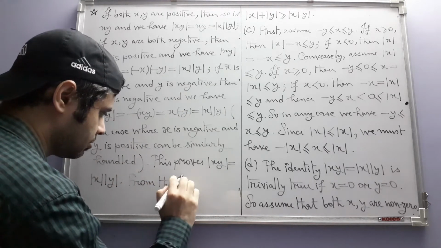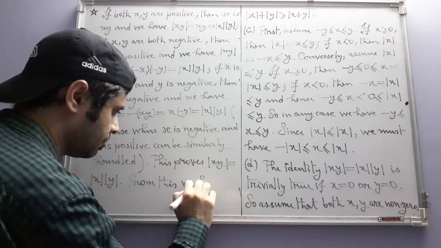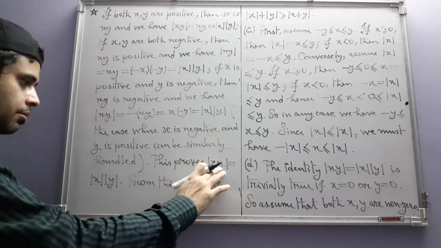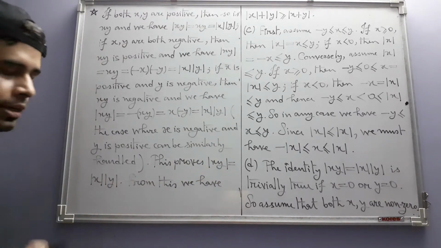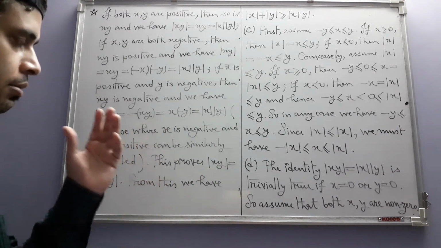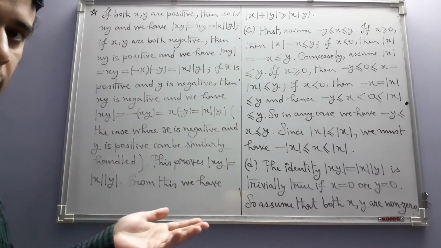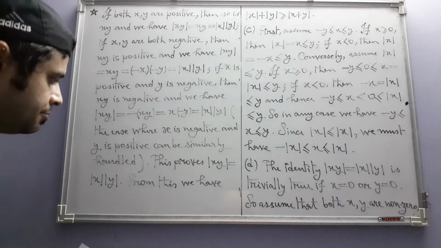From this, we have, now we have also been asked, besides this identity, to prove that the absolute values of a rational number and its negative are the same.